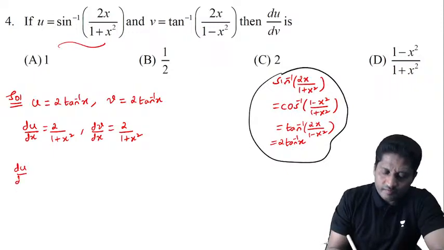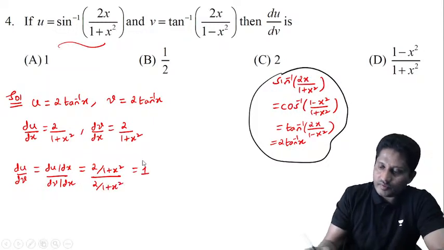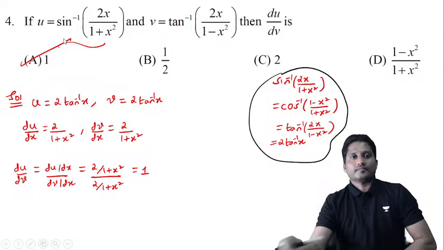Now du by dv is equal to du by dx divided by dv by dx. du by dx is 2 by 1 plus x square. dv by dx is 2 by 1 plus x square. Both will cancel. Answer is 1. Answer is option A.